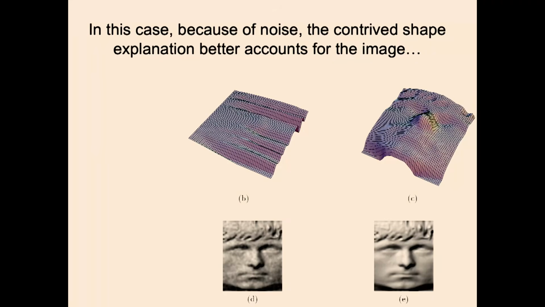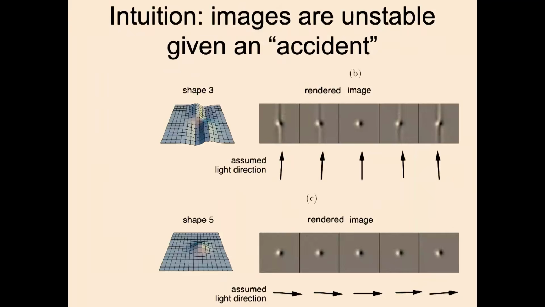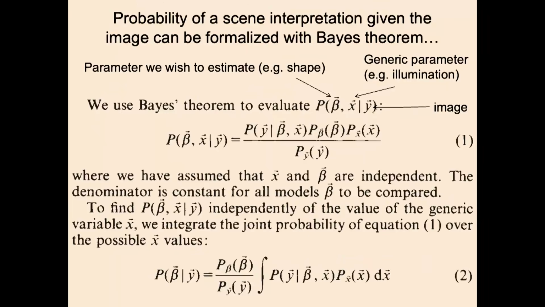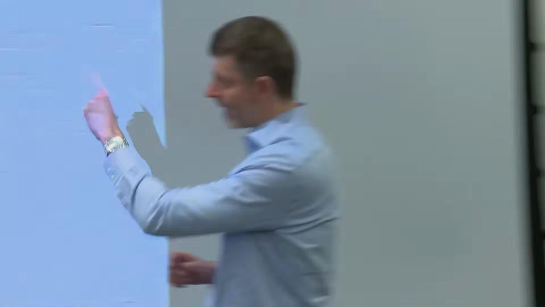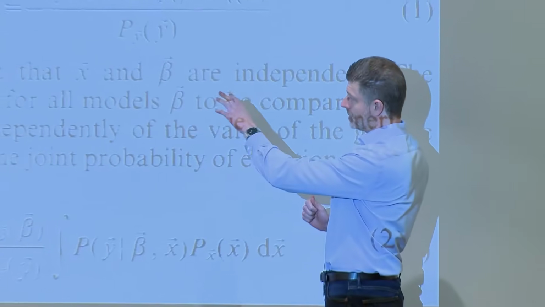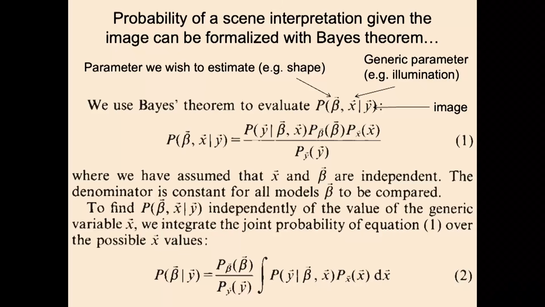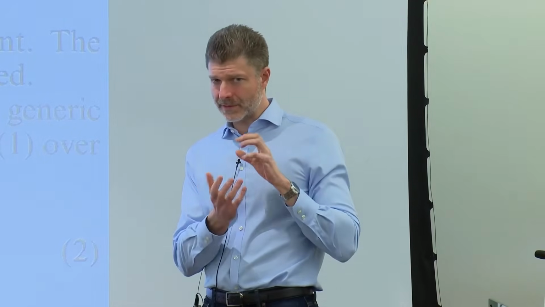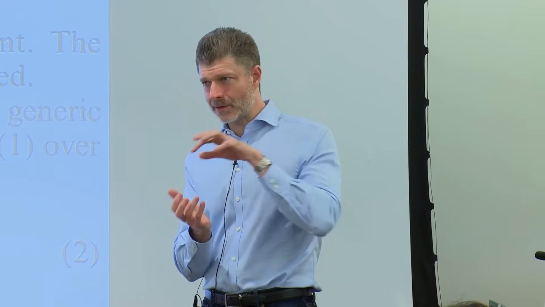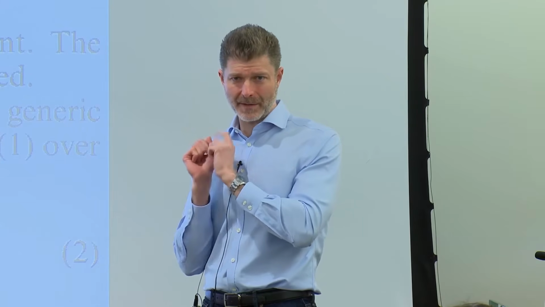Okay, so the key concept here is again the idea that we can think about perception as finding the most likely scene interpretation given an image or sound or whatever kind of sensory input you're dealing with, that we're trying to maximize the posterior, that you can decompose the posterior into the likelihood and the prior, and that the likelihood involves a comparison between the observed stimulus and the stimulus that would be generated by a hypothesis.